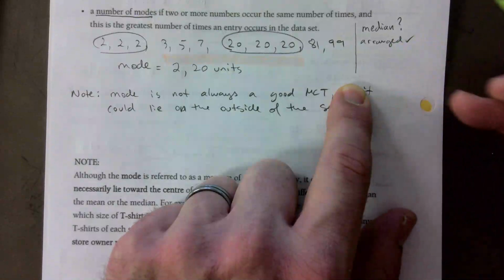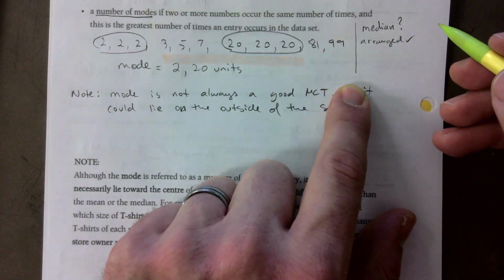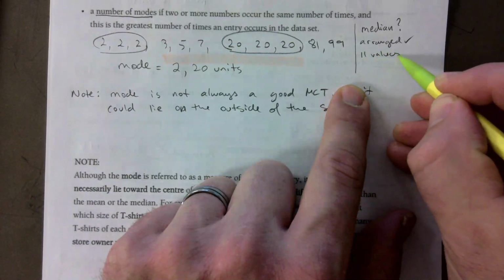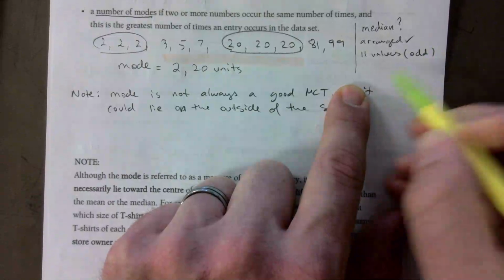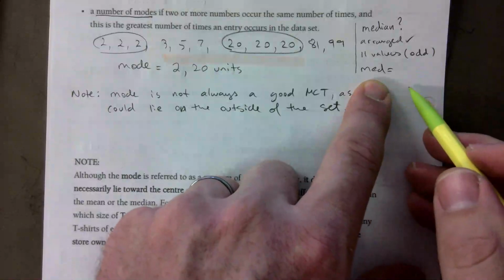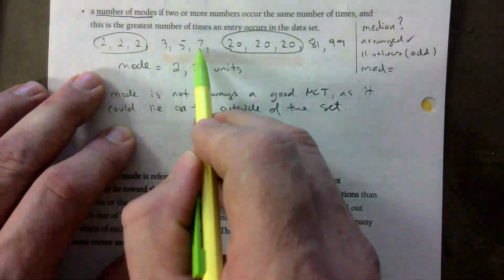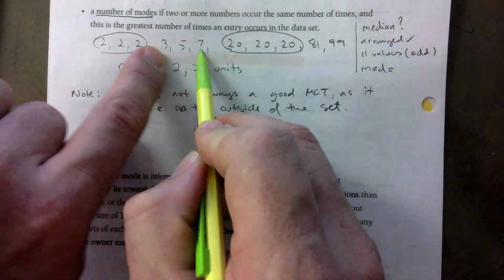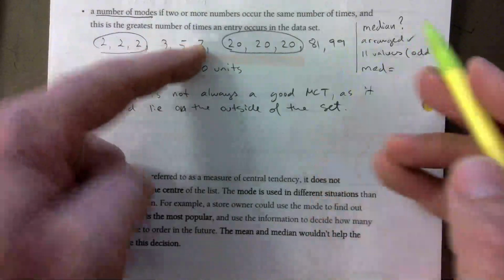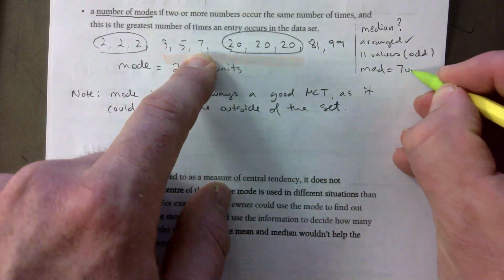You're welcome. It's not always going to be arranged. So it's got 11 values. This is odd. So we know there's just going to be one number that meets the criteria. Let's see, is it 7? I'm counting 5 to the left, 5 above it. So 7 it is.